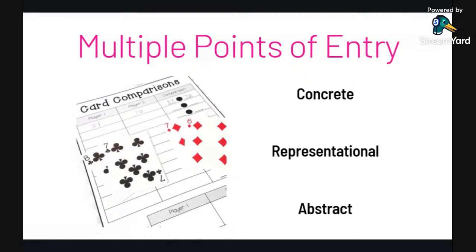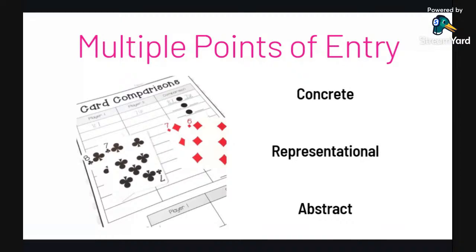So we can support our students by offering multiple points of entry into this activity by having the comparison statement that we're comparing. In this example on the screen, the students would be comparing 87 and 76. Now, asking your students to compare 87 and 76, that's the abstract level right there. And asking them to use a less than, greater than, or equal sign, that's the abstract level.